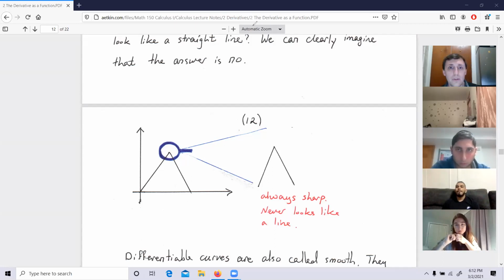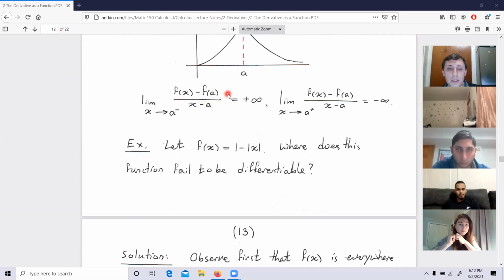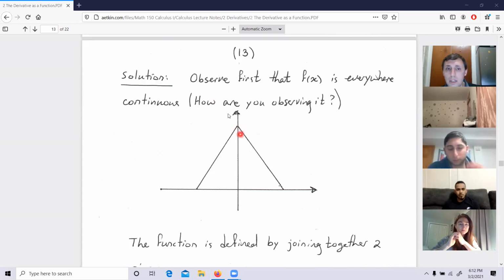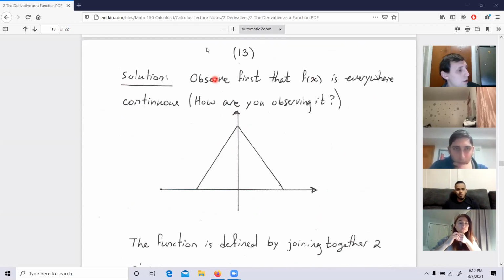Now, I'm going to give you right now a formula here, right? The formula for this wedge, or at least for this wedge that I drew here, is 1 minus absolute value of x. That's my function.